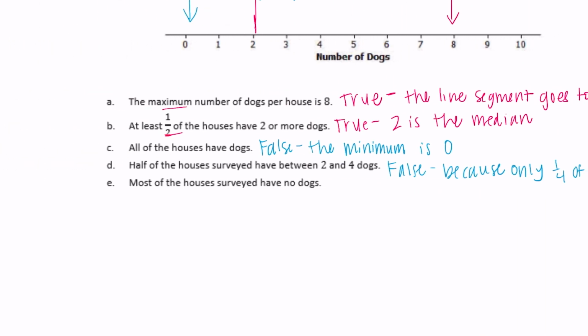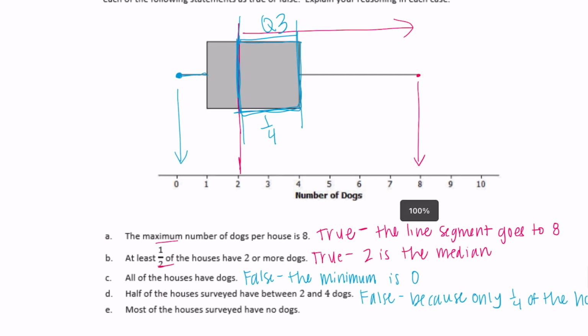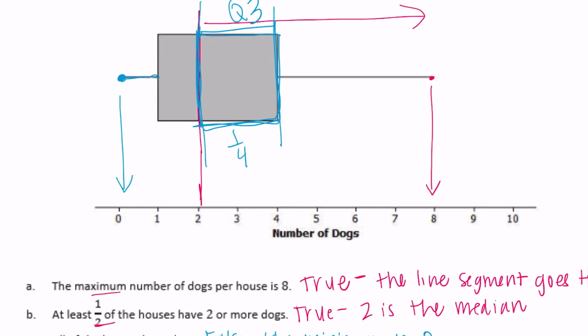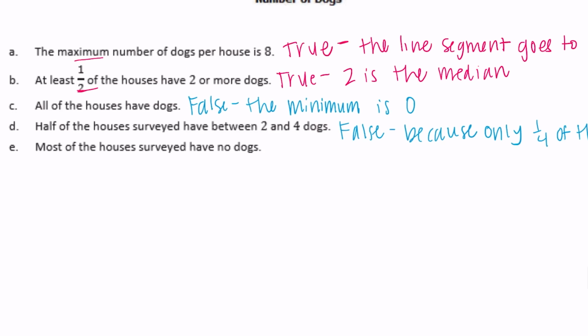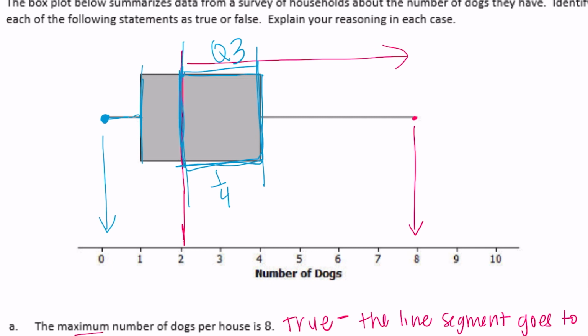E, most of the houses surveyed have no dogs. So would most of the houses surveyed have no dogs? I'm going to go with false because 0 is just the minimum. I would say most of them have at least 1 dog. So let's say false. It's really like, here's 1, that's quartile 1.